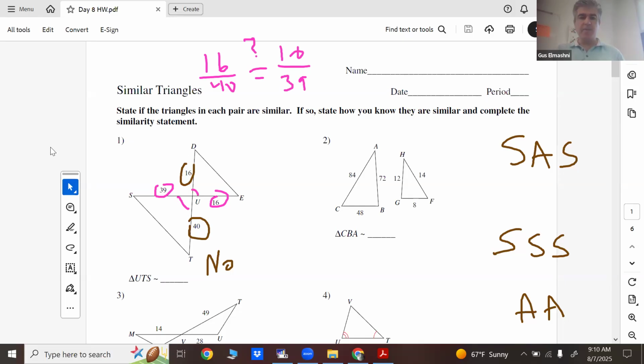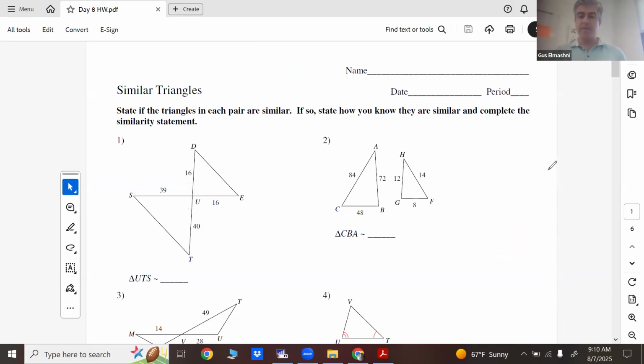Now here, it's a little tricky. Let's say you flip the second triangle. I'm going to flip it to make it look like this. I know I made it a little bigger than it should be, but it's okay. You see how it got flipped, right? So that's 14, 12, and 8. Now, let's look at the proportions. I'm going to color code.